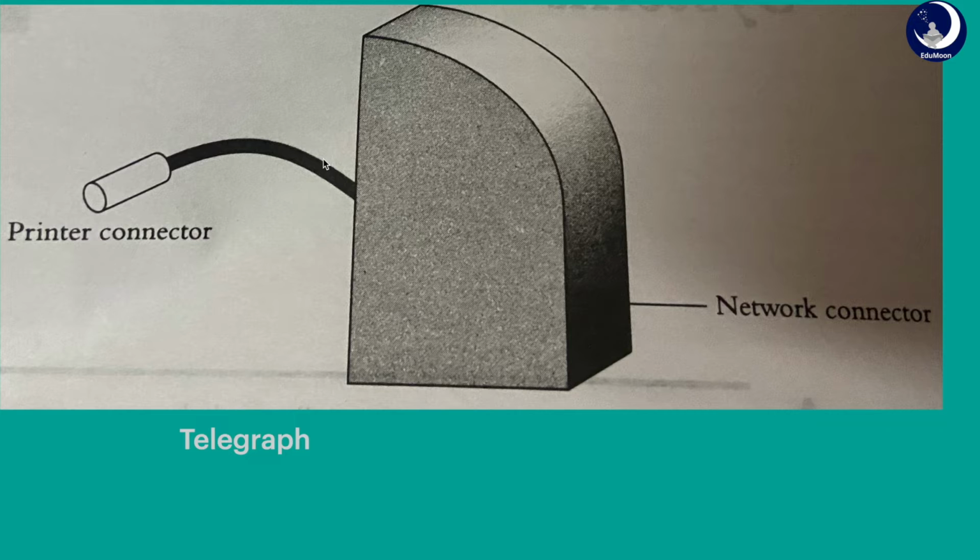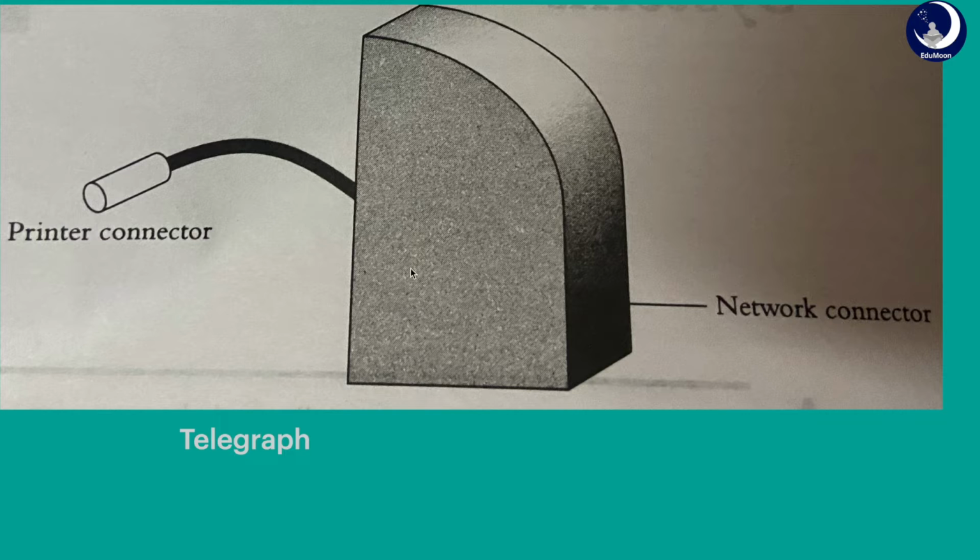Okay, so you can see it, right? A pigtail cable on one side of the box plugs into the serial port of the printer. That is the reason it is called the printer connector. And the other side plugs into the network.